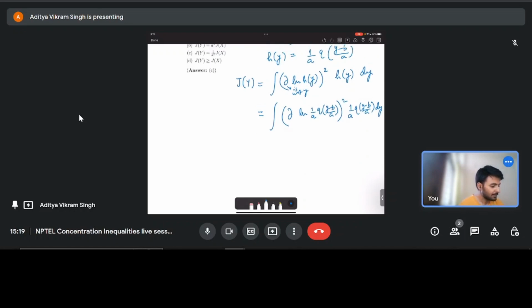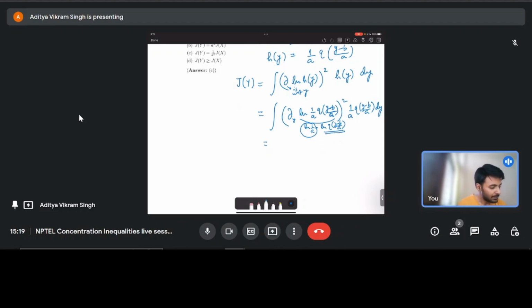Now we just have to remember that this derivative is with respect to y, and here we have y minus b by a. So you can break this as ln 1 by a plus ln q of y minus b by a, and when you take the derivative of ln 1 by a, it would be 0. So we just have to worry about ln q of y minus b by a.